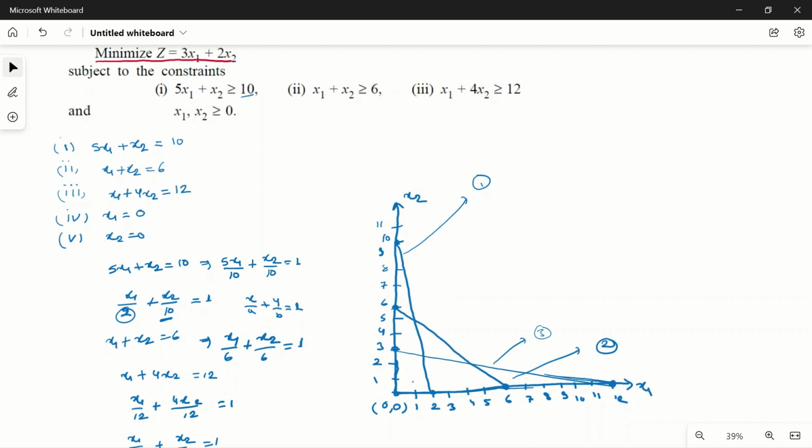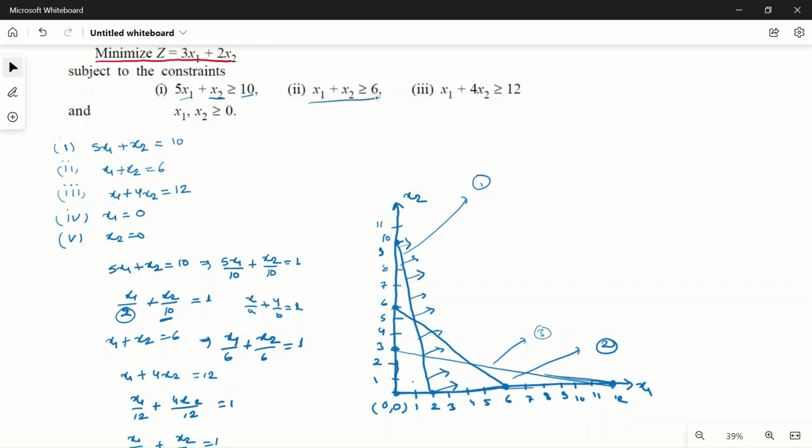So we have to choose the right side of this line. Suppose we put x1 is equal to 10, x2 is equal to 10, then it will be 50 plus 10 is equal to 60, which is greater than or equal to 10. So this area satisfies the inequality. If it is less than or equal to, we choose the left side, and if it is greater than or equal to, we choose the right side.